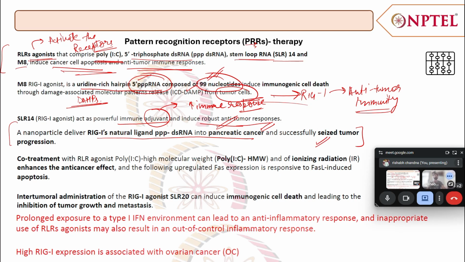So that can lead to activation of this pattern recognition receptor RLR pathway, and that can reduce the tumor progression inside the pancreatic cell.